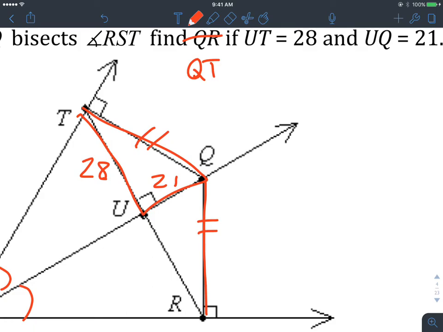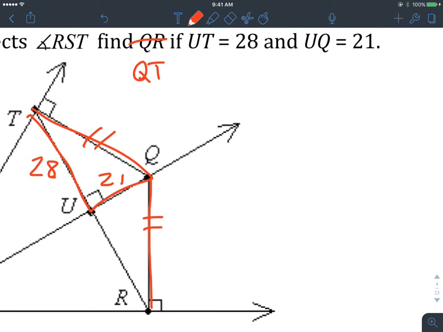Now, what I notice on this one is we have a right angle going on. If we have a right angle, we have a right triangle. If we have a right triangle, we can always find the third side by using the Pythagorean theorem. These numbers are a little bit large, so I'm going to get a calculator going. Essentially, we've got the two short sides, 28 and 21.